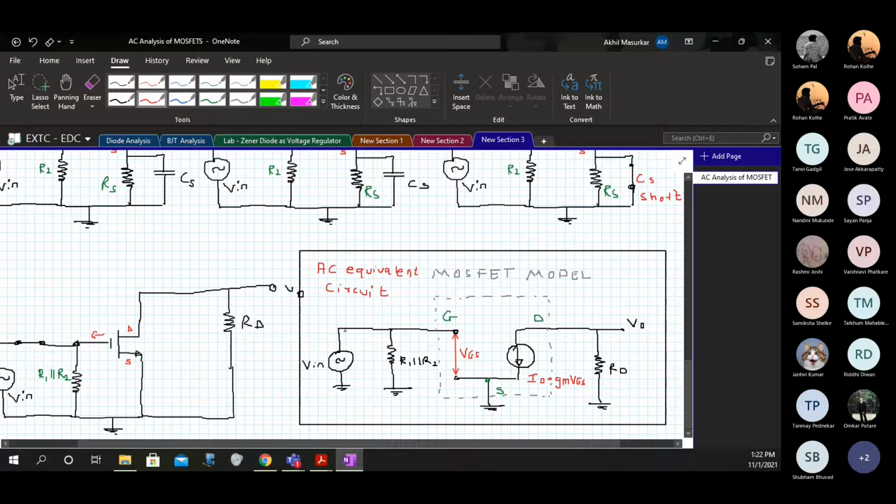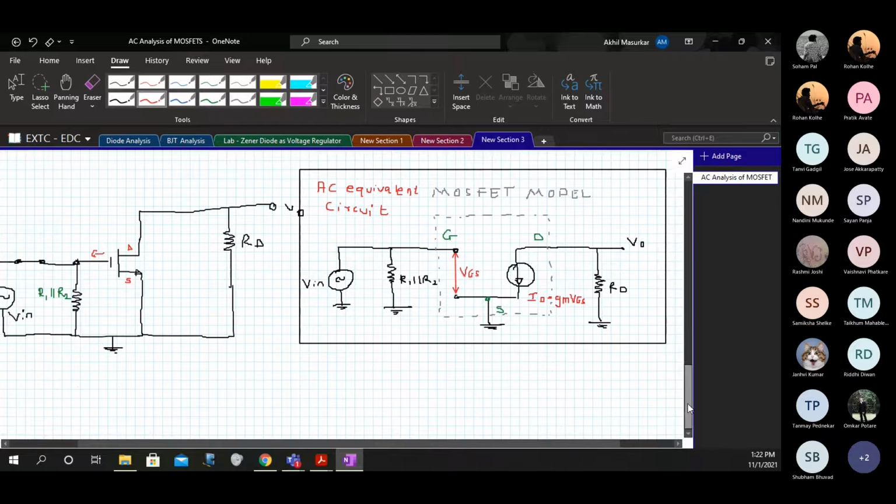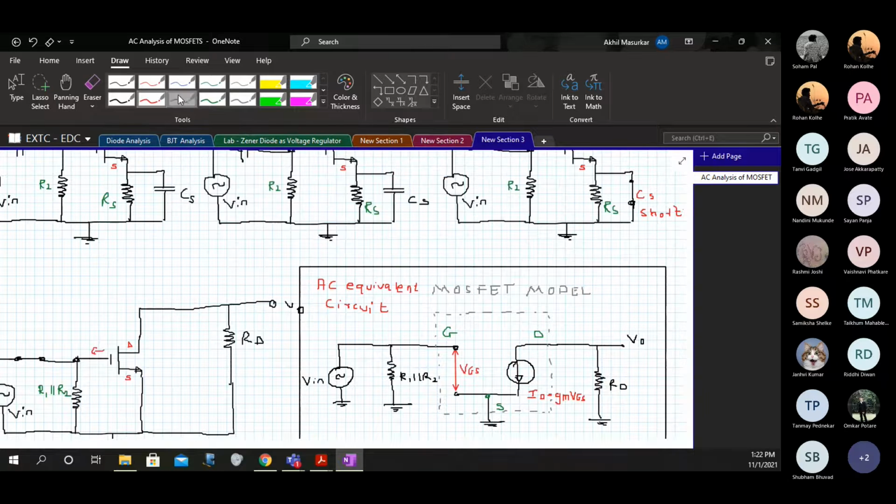So draw this final circuit, and then we will see from the AC equivalent what we are planning to calculate.